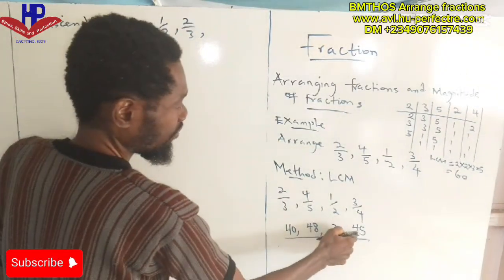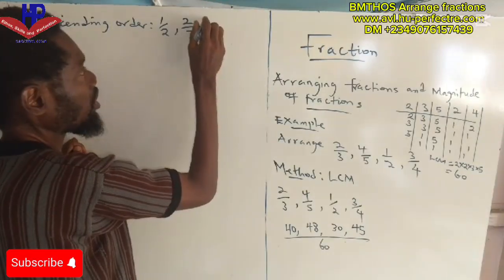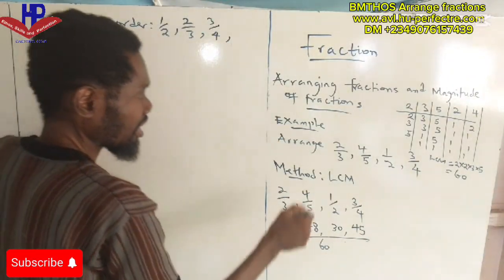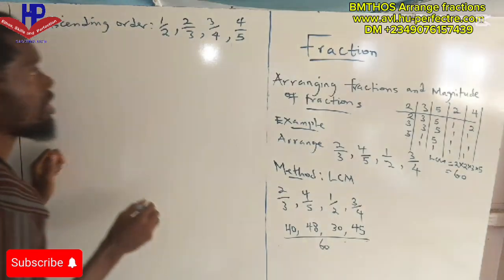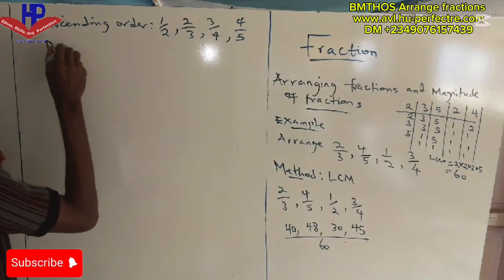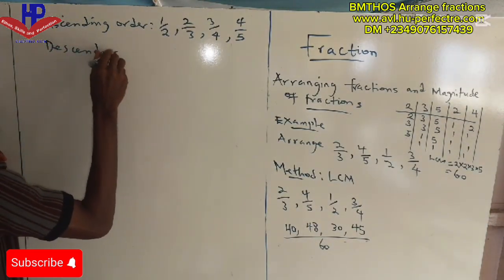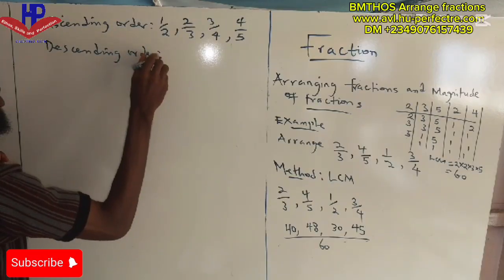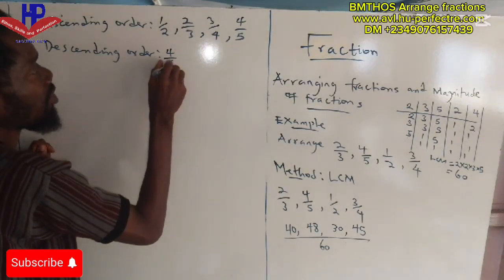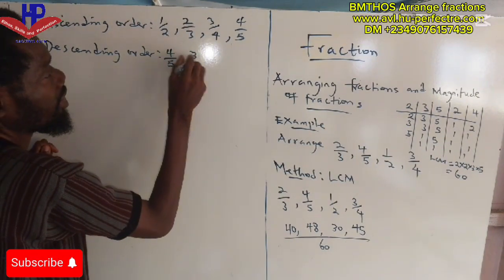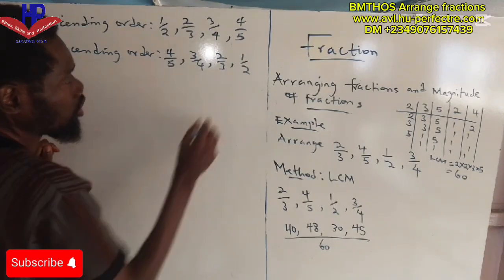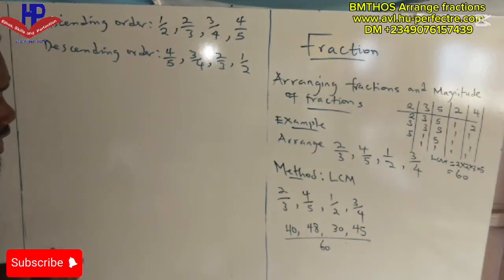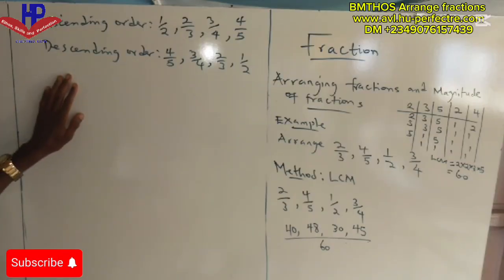After that is 45, so 3 over 4 will come. After that is 48, so 4 over 5 will come. In descending order, it will be 4 over 5 from the biggest, 3 over 4, 2 over 3, and 1 over 2. So this is how you go about that.